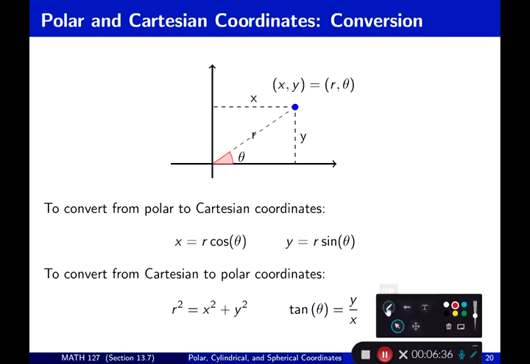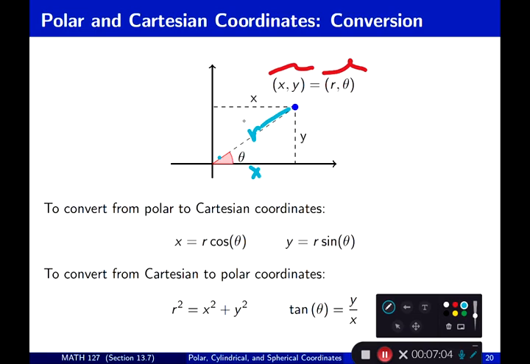Let's write this out. If x and y is the Cartesian coordinate, and r and theta is the polar coordinate for a point P, notice here this is r, this is theta, this is y, and this is x.